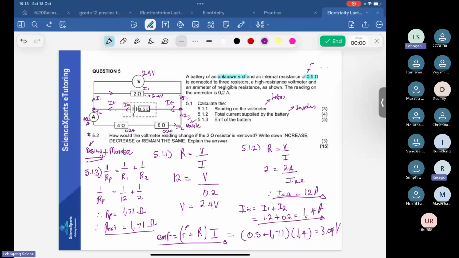The opposite would be true. If you add a resistor in parallel, the total resistance would decrease. Then when you add a resistor in series, the total resistance would increase. Just know one, then the opposite would just be true.